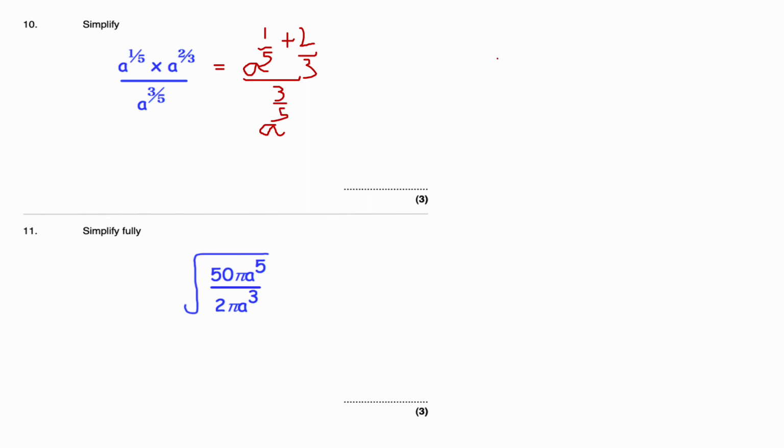Okay, so 1/5 plus 2/3 can be written as a fraction out of 15 because the lowest common multiple of 5 and 3 is indeed 15, which is 5 times 3. 1/5 same as 3/15, and 2/3 is same as saying 10/15.